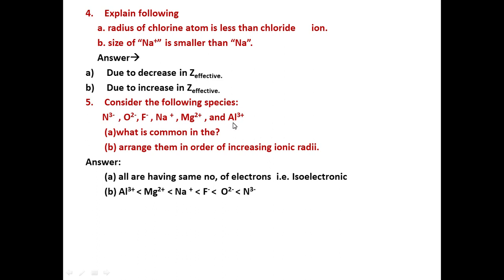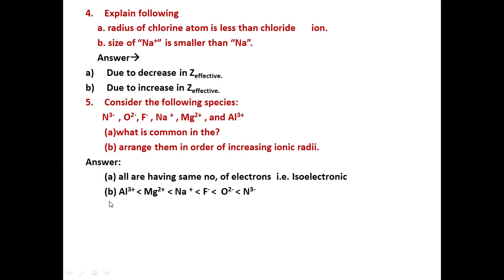So if we arrange them in increasing order of their atomic number, aluminum gets the first position in the line. Aluminum has the maximum atomic number, so it also contains the maximum number of protons.